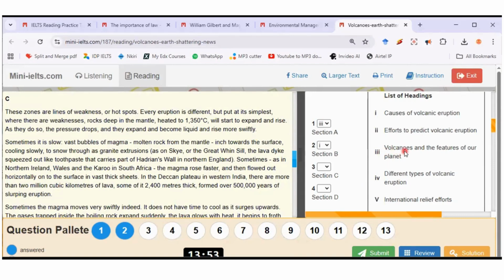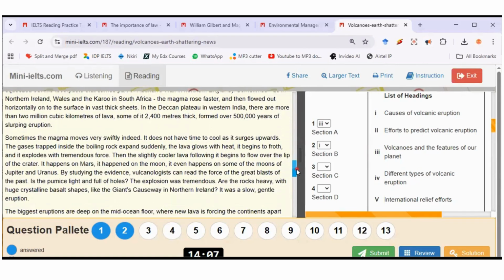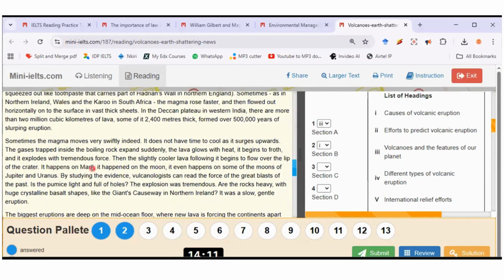Number three, I've used number three already. Volcanoes and the features of our planet. I don't think number three matches section C. Different types of volcanic eruption. Well, did they talk about different types here? They talked about how it happens on Mars. It happens on the moon.